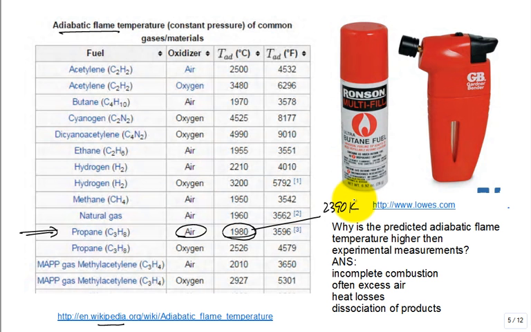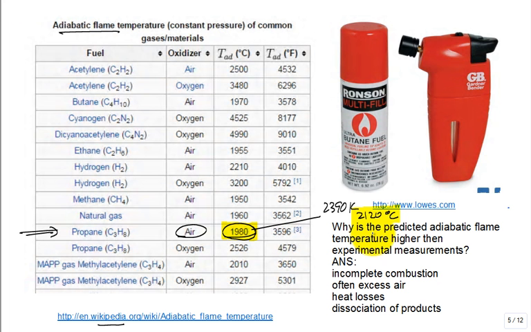So we want to take 273 off, and we get 2120, I'm going to round off to 2120 degrees C. Hey, how come that's higher than this value of 1980? What gives? I'll write them a letter, tell them to fix their problem.